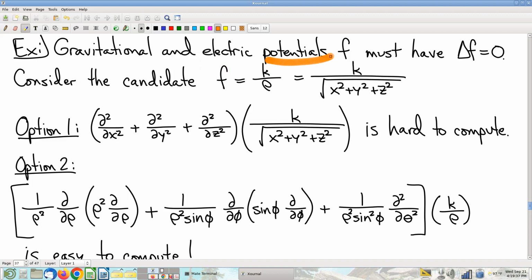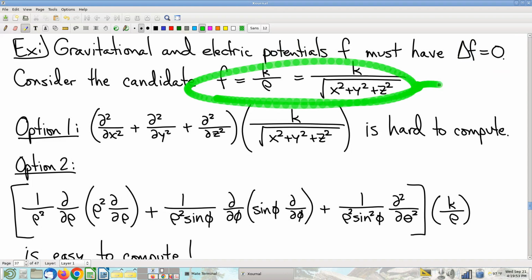Those potential functions obey this rule. It's called the Laplace equation. So we need to find a function whose Laplacian is 0. Said differently, I'm going to need to find a function and then compute its Laplacian. I'm going to have to take this function and apply the Laplacian operator to it.